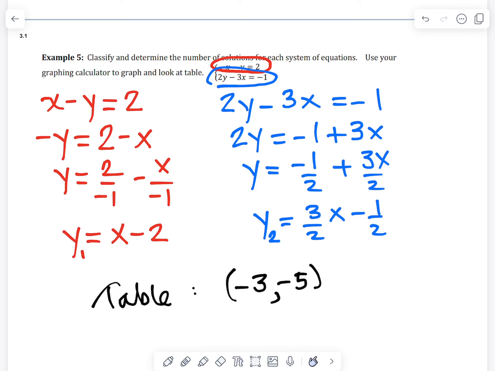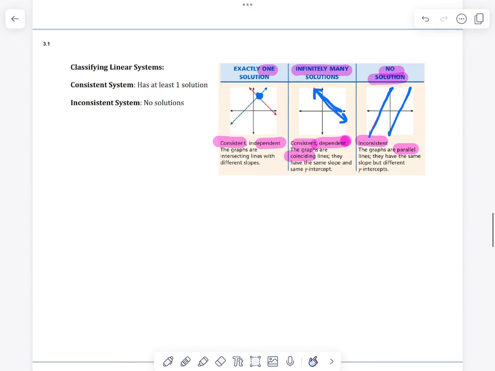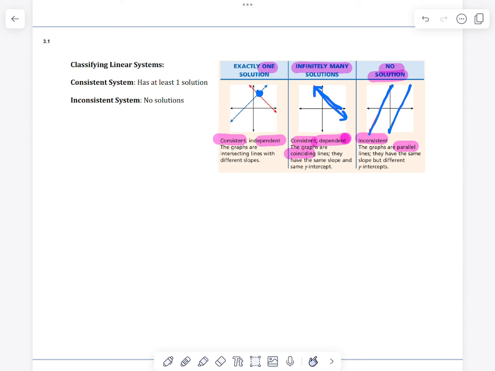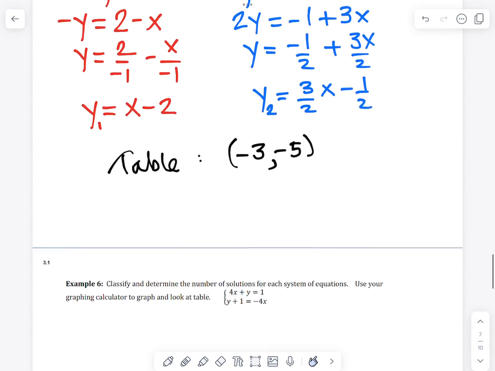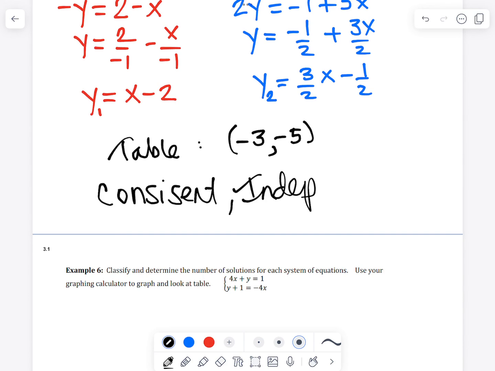So how we classify this, back up here, since these two lines intersect, they are considered consistent and independent. They have one solution.